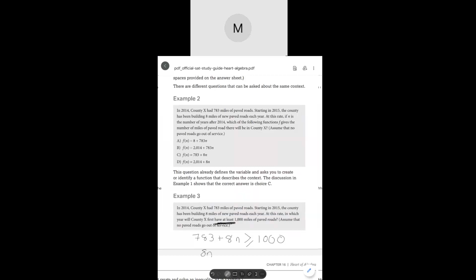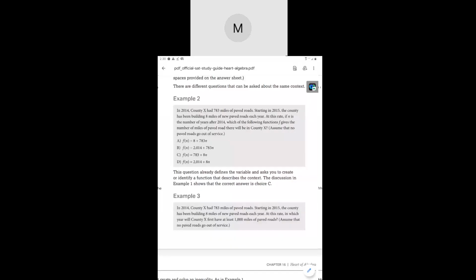So once we get this equation, again, it's all about just solving it. I subtract 783 on both sides. I get 217 here. And so n has to be greater than or equal to 217 divided by 8, which would just become 27 point something, right? So when we round it off, it's about 27 years.